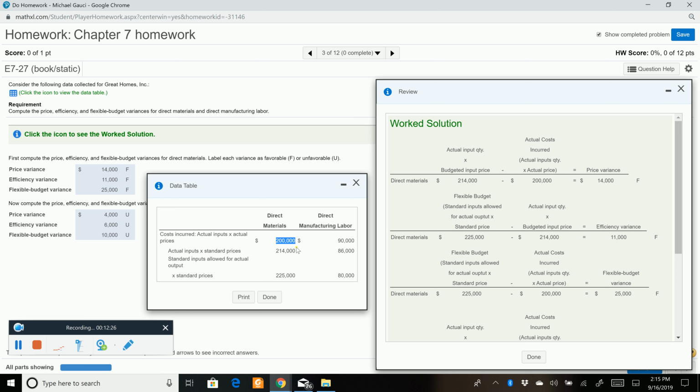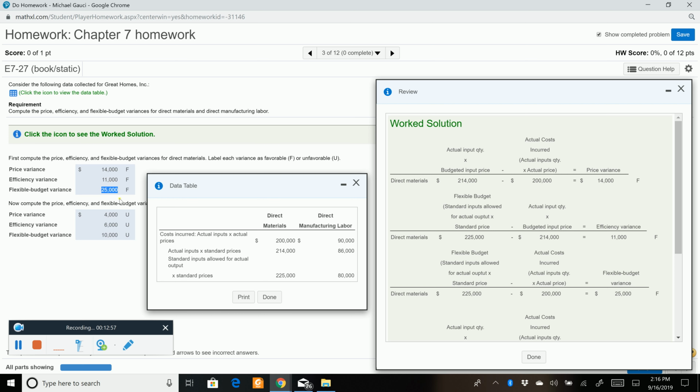In this case, we have $225,000. If we take our actual inputs for this level of activity that's allowed times the standard price, it comes to $225,000.